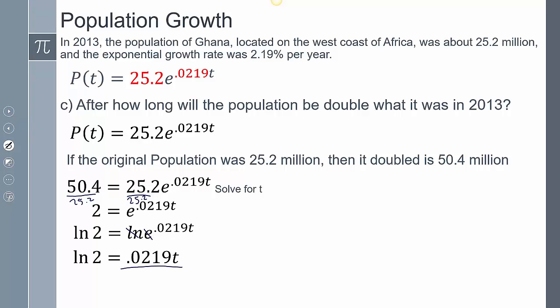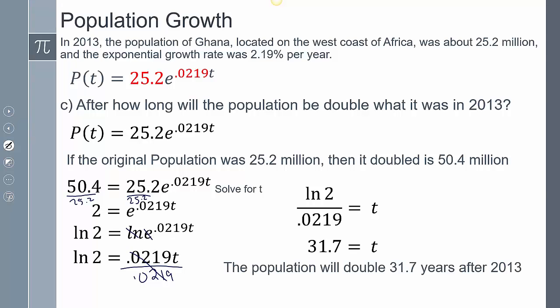Now I can divide both sides by 0.0219. And so I get t equals ln 2 over 0.0219, because it cancels out here, and 31.7 when I enter that into my calculator. So I can say that the population will double 31.7 years after 2013.